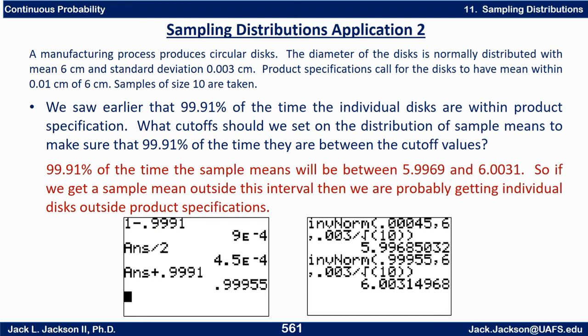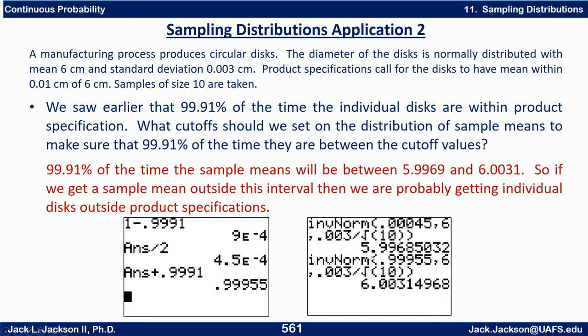Now, what this says is this 0.00045 is the probability to the left of the left boundary we want, and the 0.99955 is the probability to the left of the right boundary. So that's what we're going to put in for our inverse norm. We put in 0.00045, give it the mean and the standard deviation of the distribution we're looking at, which is for the x bars, and then the 0.99955, and we get 6.003.